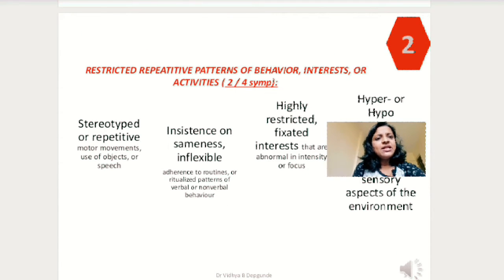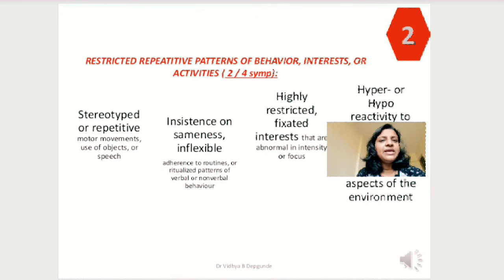In the second category, there are 4 points to be taken care of, and out of the 4, the child should be showing at least 2 things in his pattern to qualify into this category. So the first point is stereotyped or repetitive behavior.